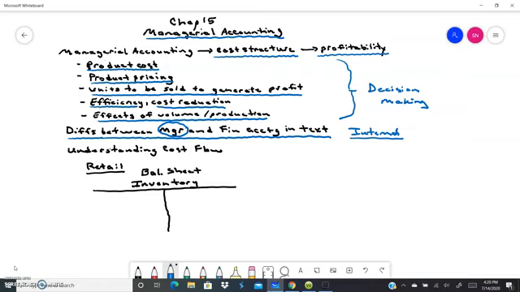It's not necessarily published in external financial statements, but it's used internally for decision making to help us run the business better. It's a series of reports, sometimes customized reports, not necessarily GAAP financial statement type reports.